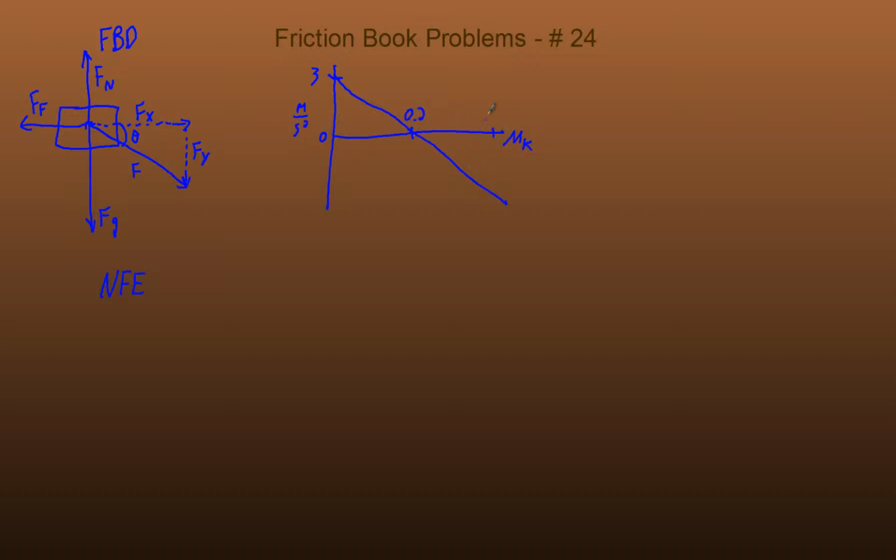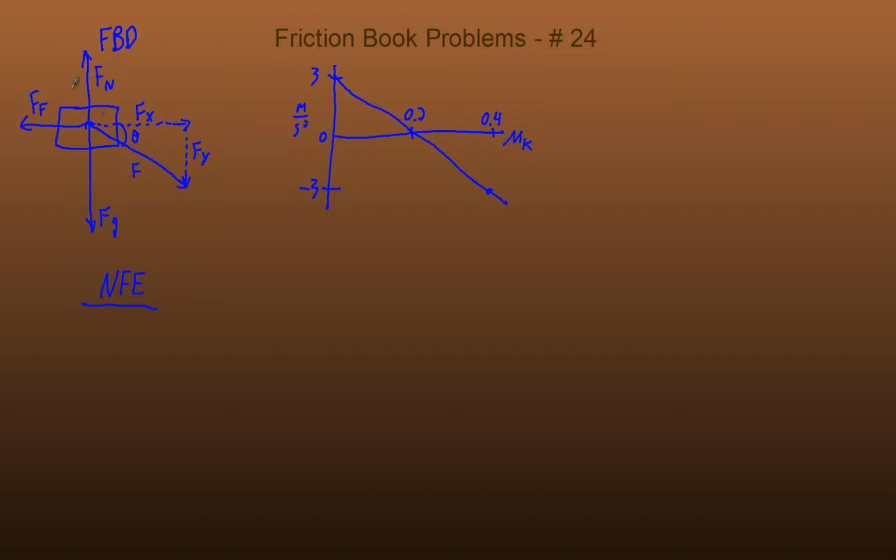And at -3 meters per second squared acceleration, roughly, our mu k is 0.4. Cool. So we'll use this a little bit later after we write our net force equations.